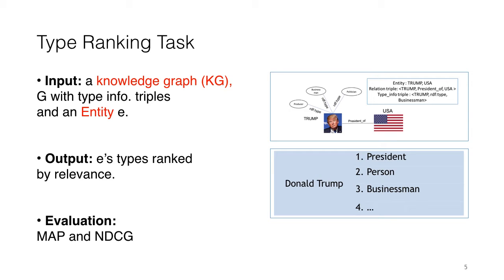We'll discuss this in more detail in upcoming slides. The output of our system is a ranked list of the types of the given entity E, as you can see in the right corner of the slide. And we evaluated our system with very well-known evaluation metrics.